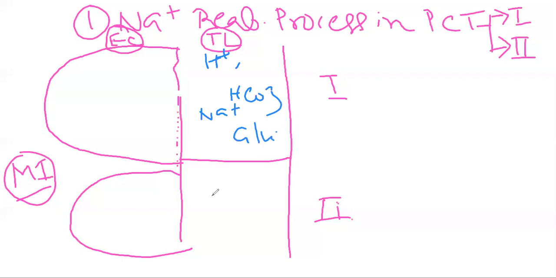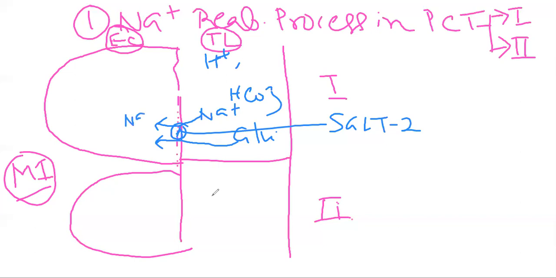So first we shall discuss how sodium ion will be reabsorbed with glucose. In part 1 of the PCT, there is a secondary active transport mechanism known as the sodium glucose co-transporter, SGLT type 2 or SGLT2, by which both the sodium ion as well as the glucose will be reabsorbed into the epithelial cell.